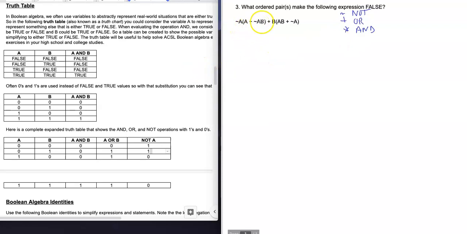Well, the easiest way to tell what ordered pairs for A and B make this whole expression false would be to plug in all the possible ordered pairs for A and B. When you have two variables A and B, the A could be true or false, and the B could be true or false.